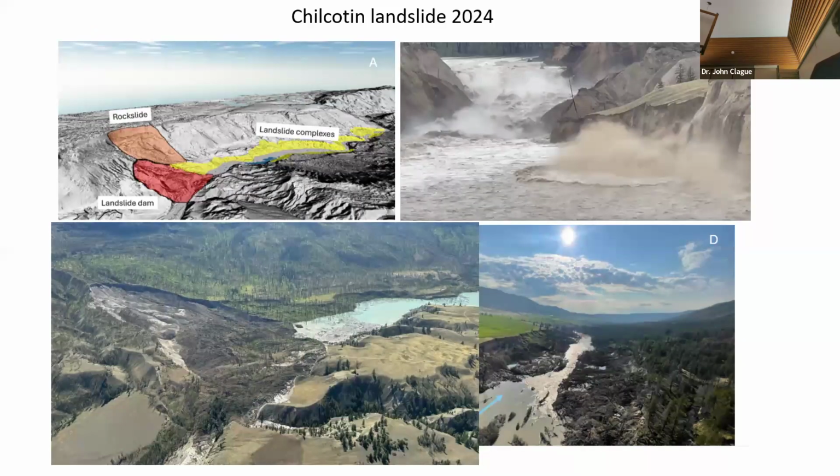And then I did mention the Chilcotin landslide in 2024. This was kind of unexpected. It didn't occur during heavy rain, but it happened very suddenly. It was a slump that came down onto the valley floor and blocked the channel of the Chilcotin River.